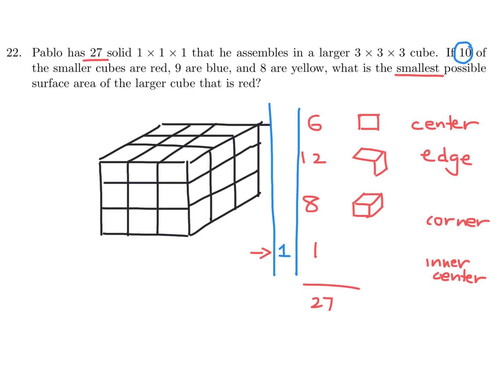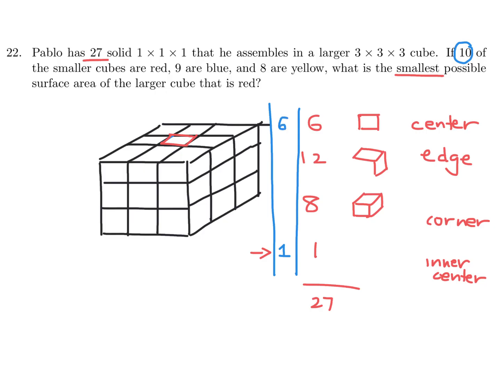Now, the next ones that have the least are the center ones, this guy right here, because that will only contribute 1 face to the surface area. So as many as I can. Let's choose 6 of those, because those are the least.